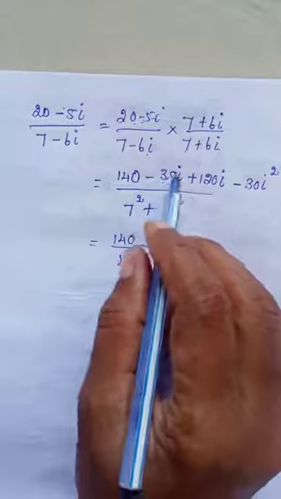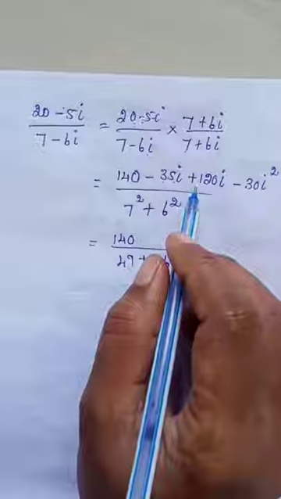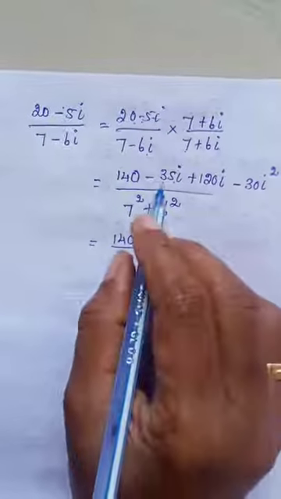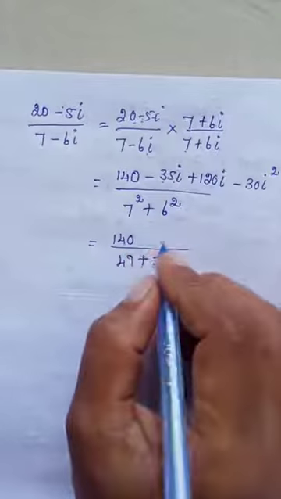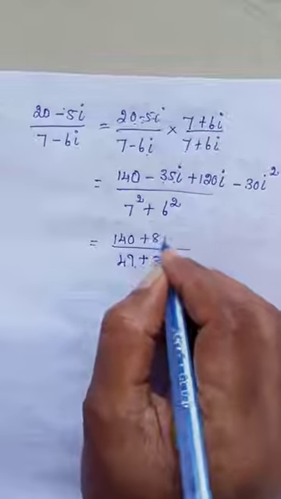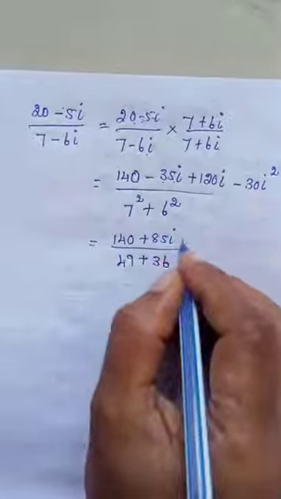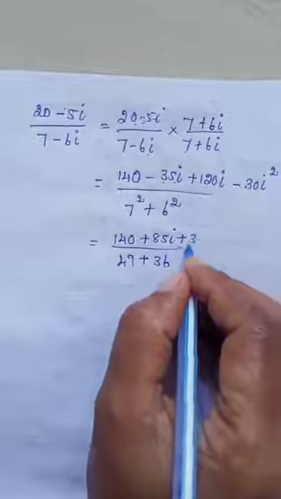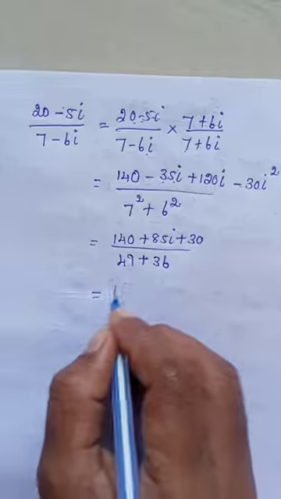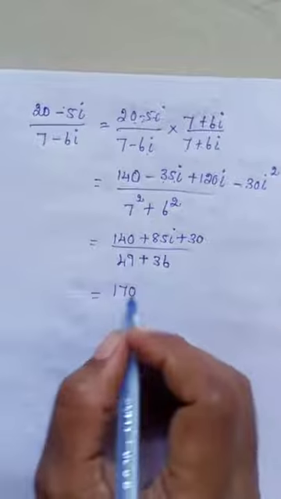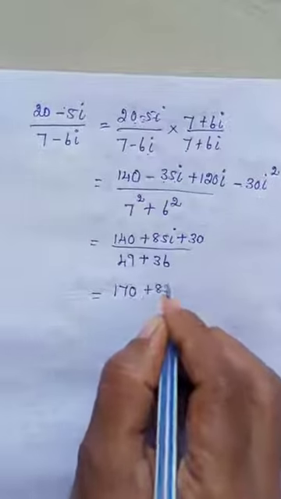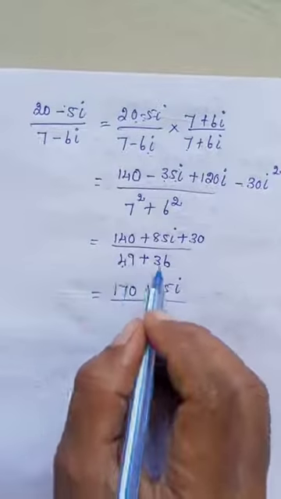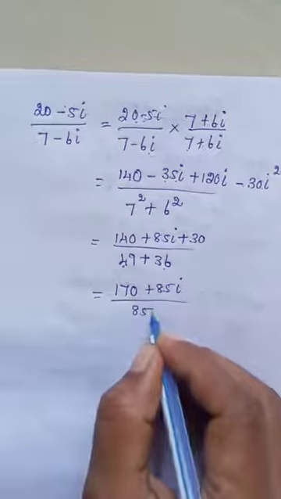140 minus 35i plus 120i. Minus 35i plus 120i, we get plus 85i. And this i square, the value is minus 1, so this minus will become plus 30. 140 plus 30 is 170 plus 85i divided by 49 plus 36, that is 85.